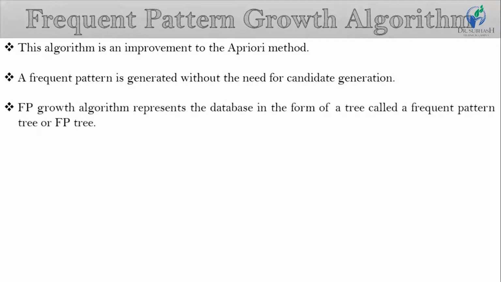FP growth algorithm represents the database in the form of a tree called a frequent pattern tree or FP tree. This tree structure will maintain the association between the item sets.